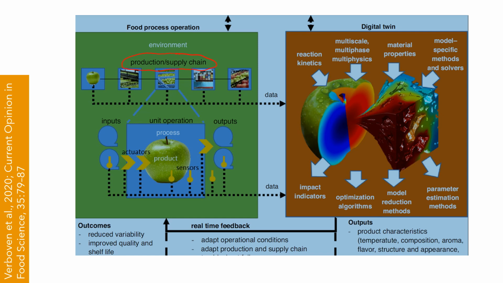You have multiple unit operations, like these are different unit operations in the life of fruit production and consumption. For any of these unit operations, like storage, like this one, they have models that relate the input to the output.